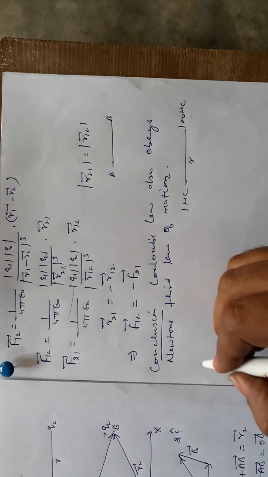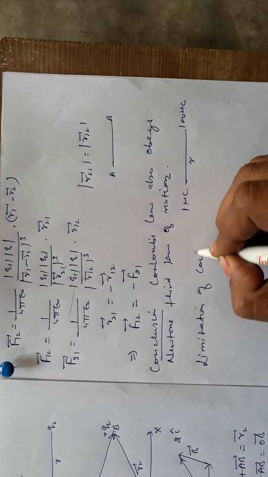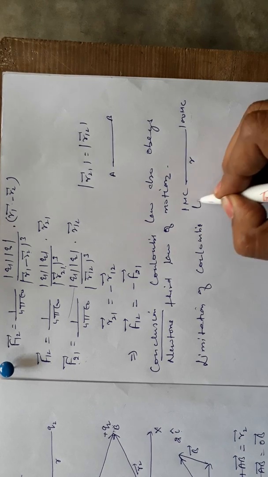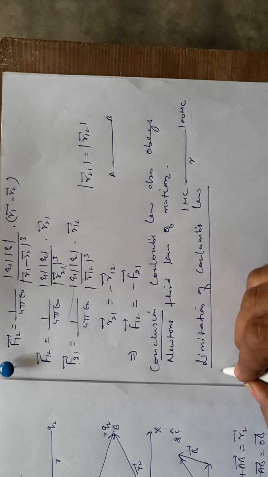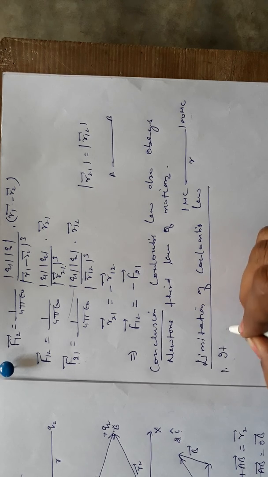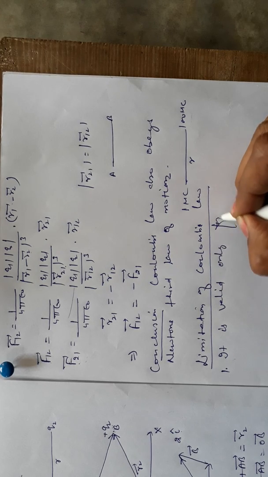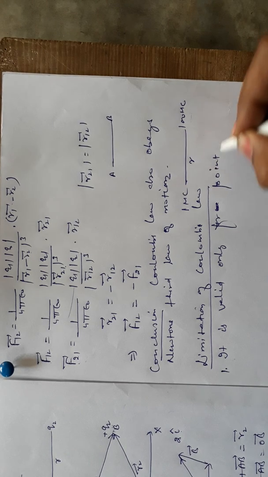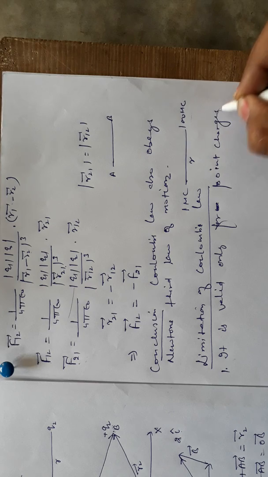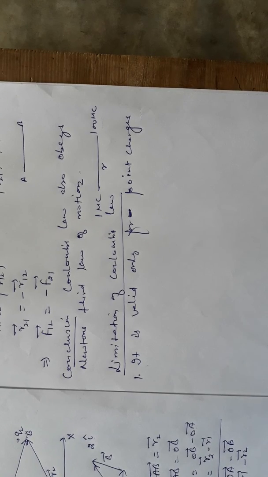Now we will discuss limitations of Coulomb's law. Dear friends, this Coulomb's law is not applicable everywhere. It has some limitations. So there are basically two limitations of this law. Number one, this law is valid or applicable only for point charges. So using this law you can find the electrostatic force between two point charges only.